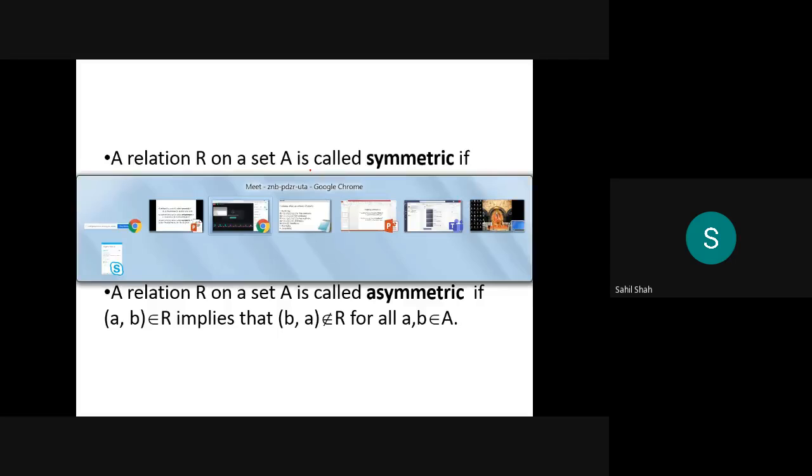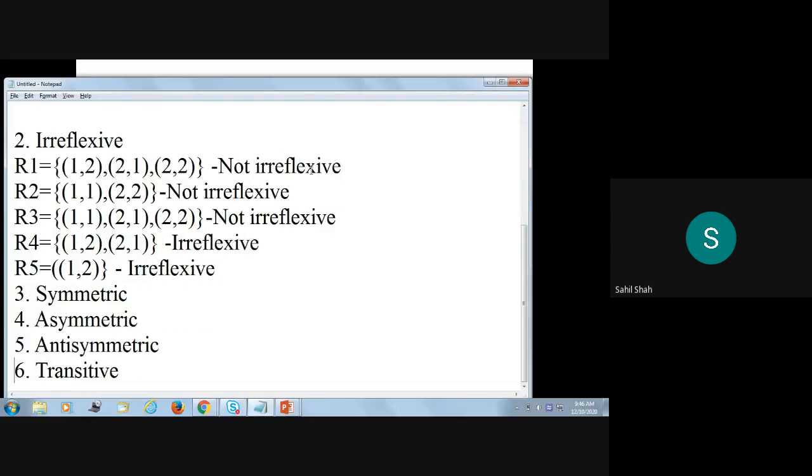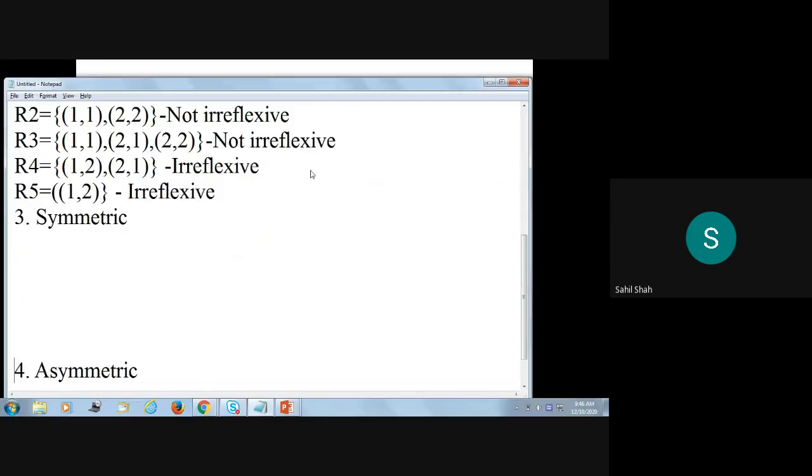Example, let me take example of symmetric. Let us say again, we are defining our relation R on set A only.